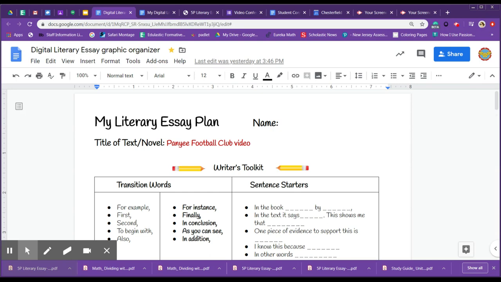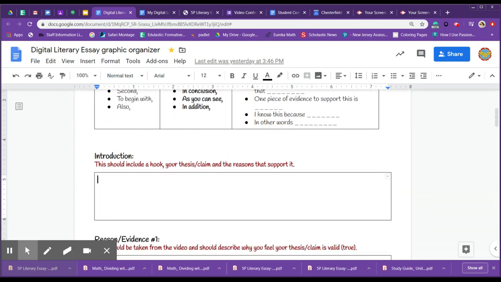This organizer will be pushed out to you using Google Classroom. You will then be able to take this and write your information into each box below the part of the essay you're working on.